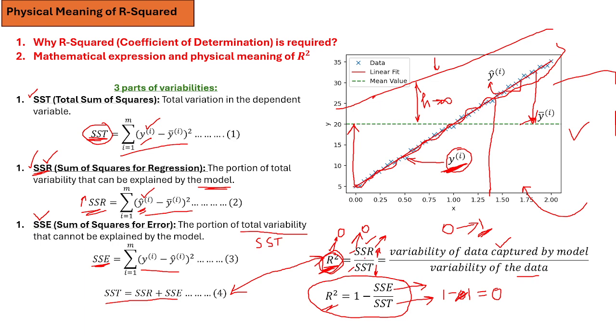SST is not changing, but SSR is highly increased because of moving this straight line far higher. These kinds of cases indicate that we have a very poor fit. So by seeing the value of R squared, we can see that this is a very poor fit.